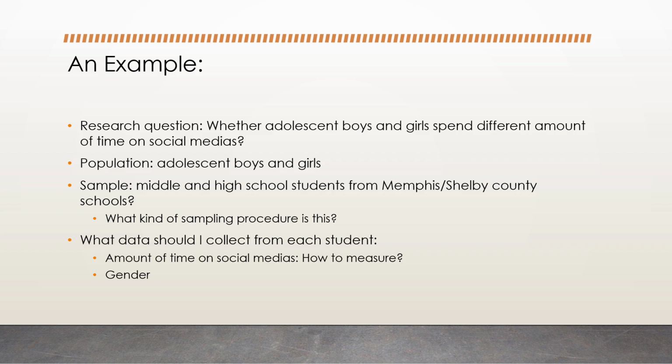Gender is straightforward to capture, but I must decide how to measure the amount of time. Should I ask about the average number of minutes per day or the total number of hours per week? This process of deciding how to collect information about a specific trait is called operationalization.